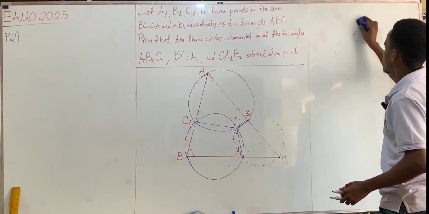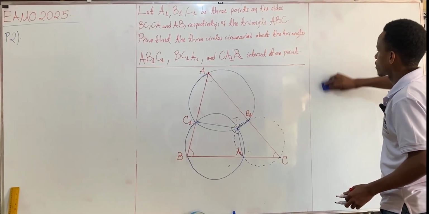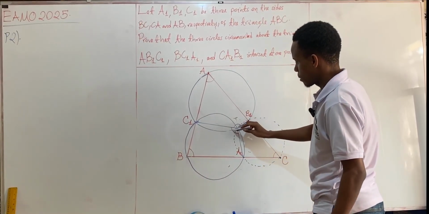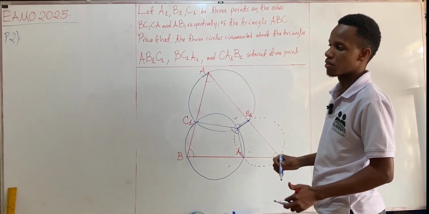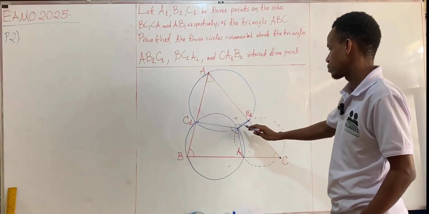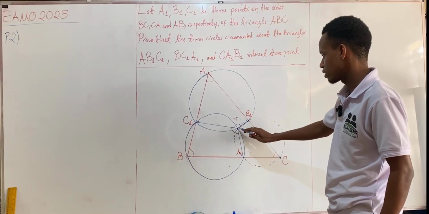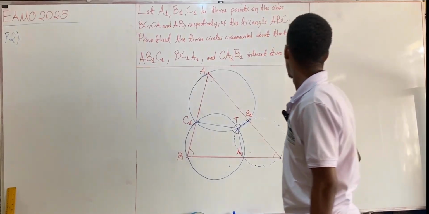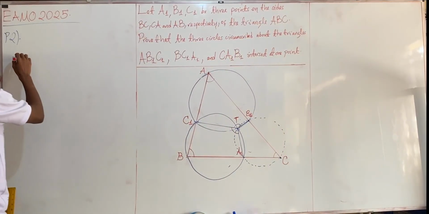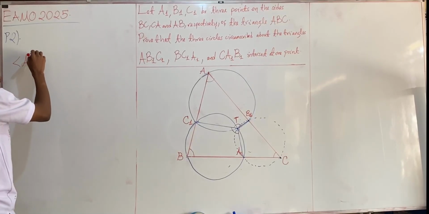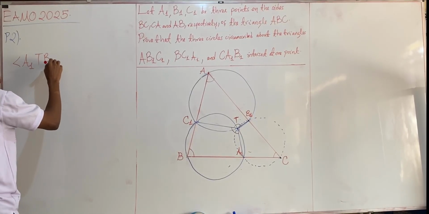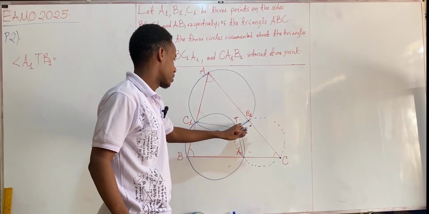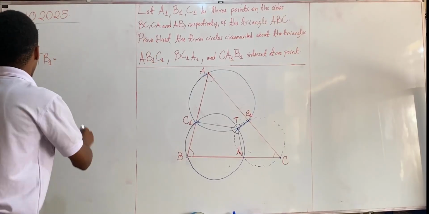So in this case, we have to do some angle computations. We know that the sum of these three angles is a full turn at 360 degrees. So in order to describe this angle here, angle A1 T B1, this is point T, A1 T B1, that angle is 360 degrees minus the sum of the other two angles.